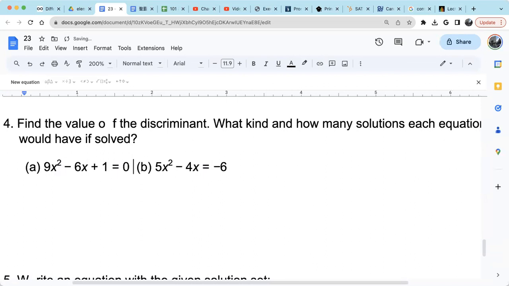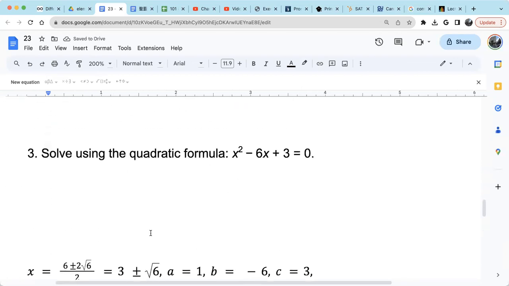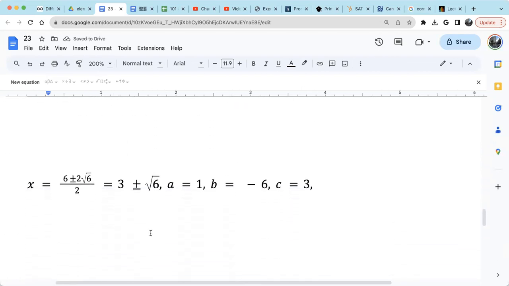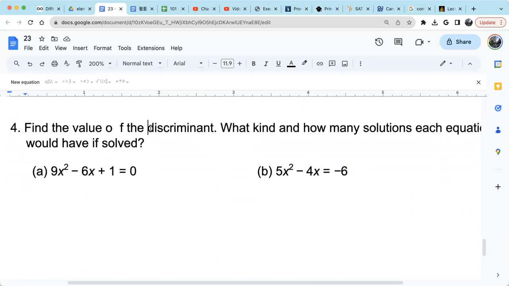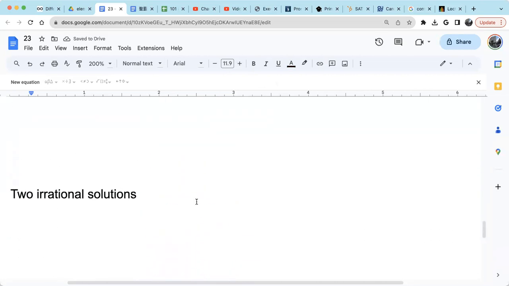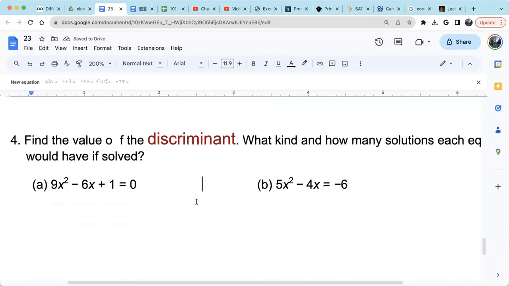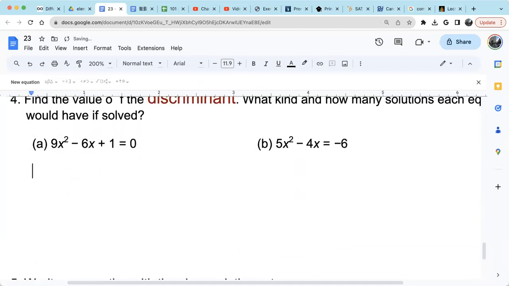Let's see 4. For 4 we also have 2. What do we want to do with this? First thing, find the discriminant. What is the discriminant? It's in the square root. In the quadratic formula, I'm going to rewrite it.